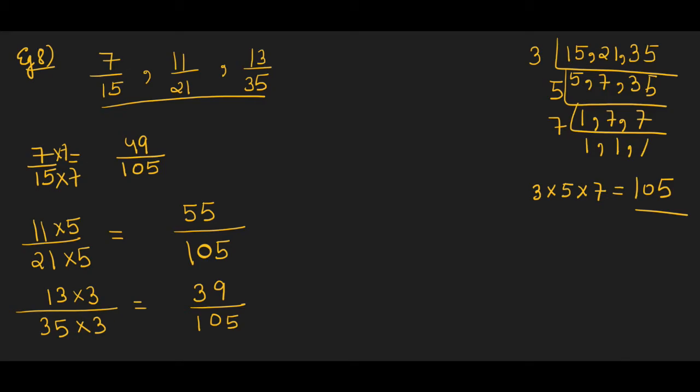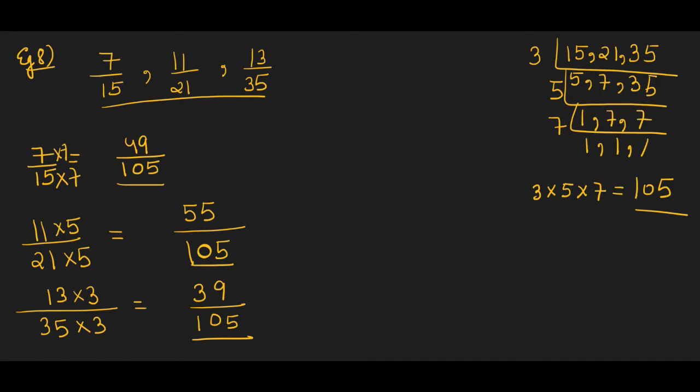So now all these three fractions are converted into like fractions, and we can decide on the basis of the numerator. The fraction having the greatest numerator will be the largest and the smallest numerator will be the smallest, and we need to arrange them in ascending order.